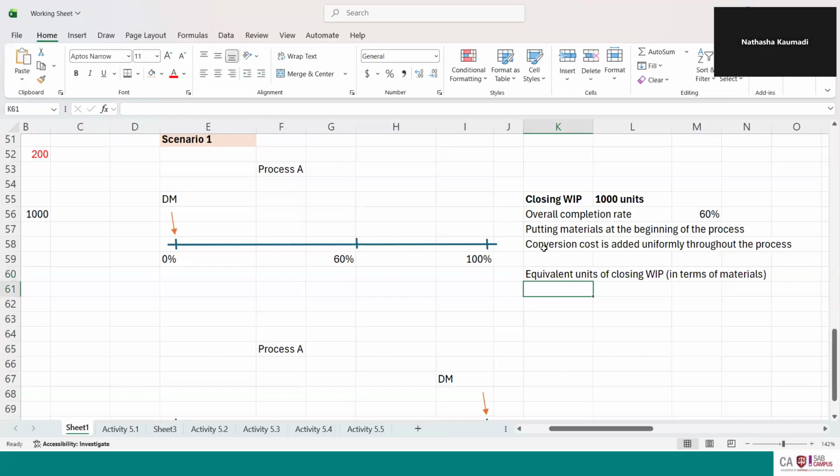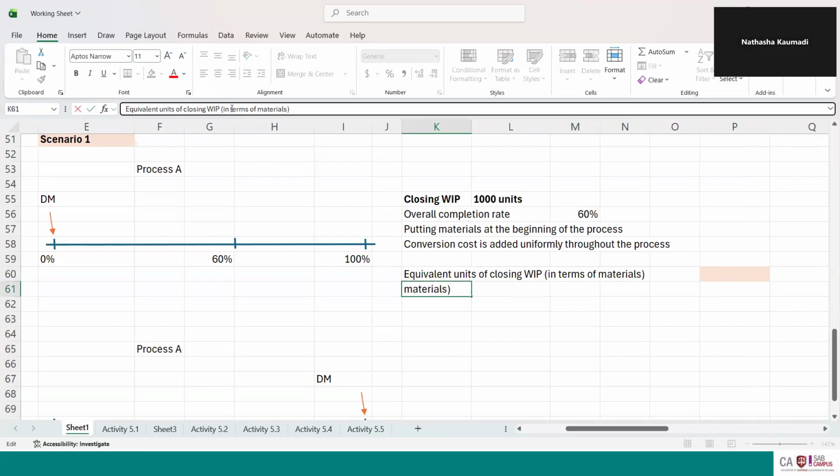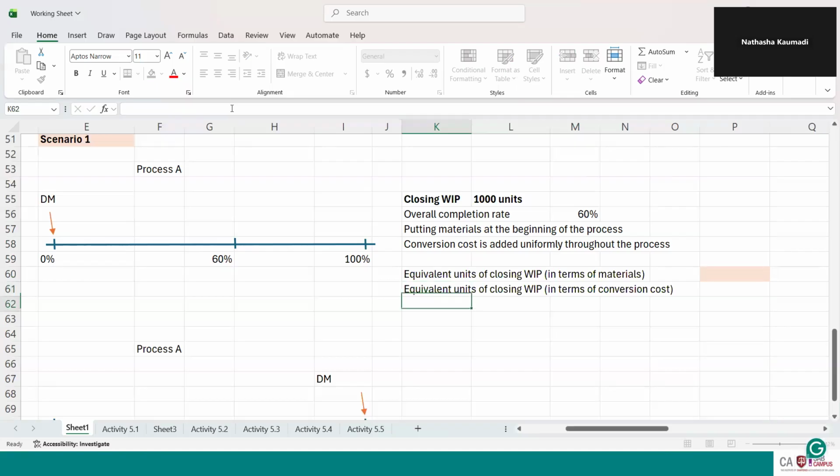For materials, you calculate equivalent units separately because it's a different way of putting the materials into the process. And equivalent units of closing WIP in terms of conversion cost, because you are putting these resources in a different way.